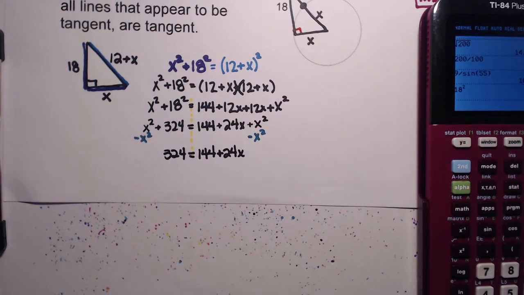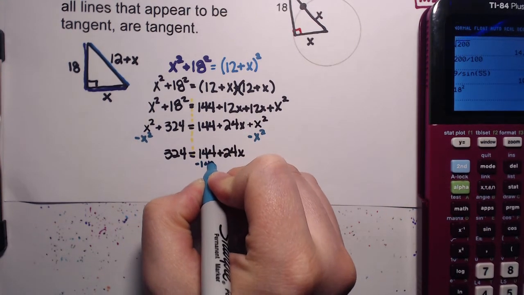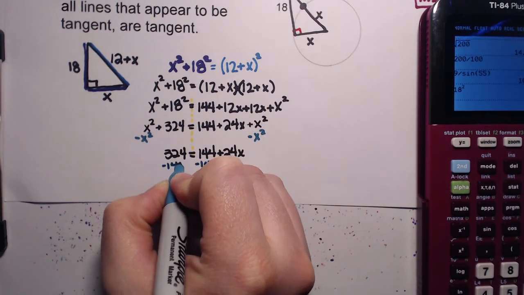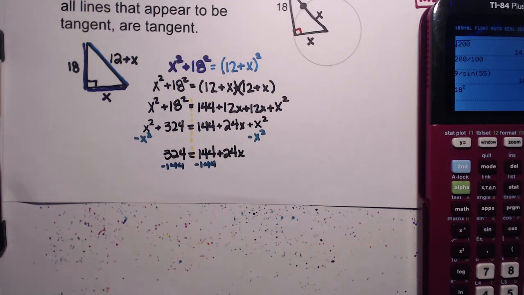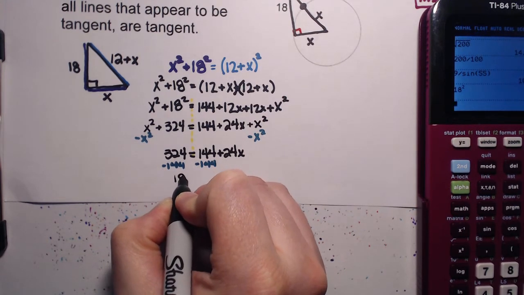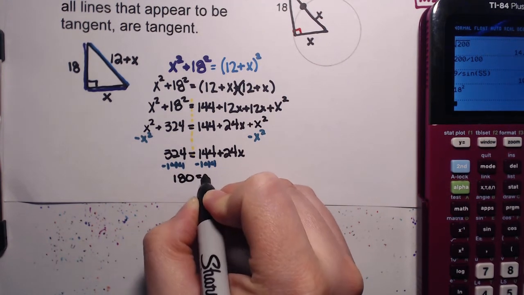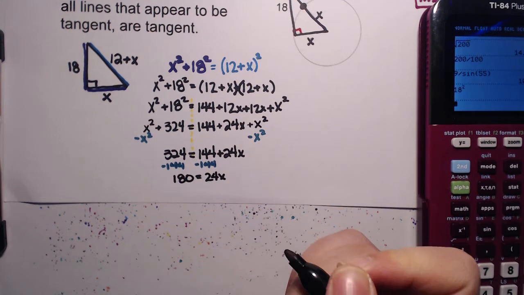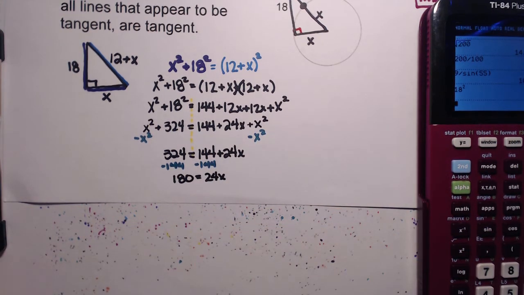Okay, so then I'm going to subtract 144 from both sides, because that's going to get that to go to 0. And I get 180 equals 24x. Divide by 24.